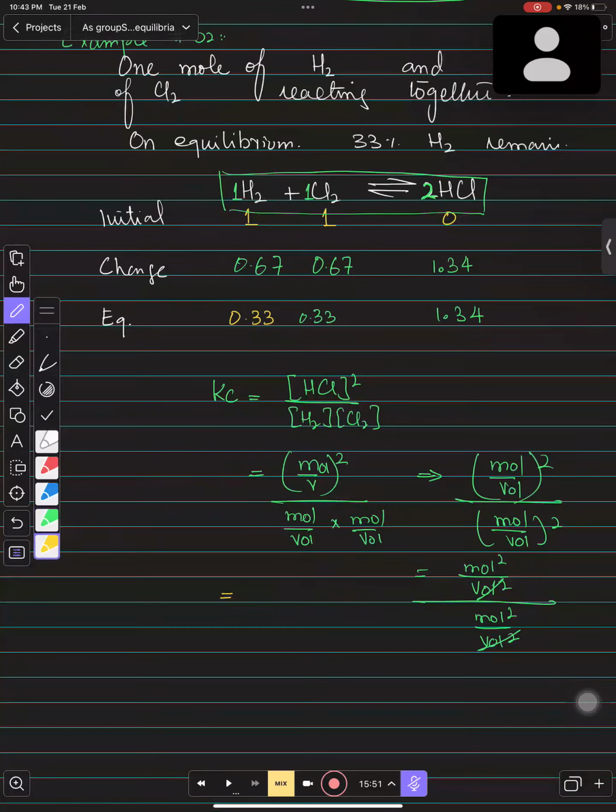So moles of hydrochloric acid is 1.34 इसका square, and the moles of hydrogen is 0.33 on equilibrium, and the moles of chlorine is also 0.33 on the equilibrium. So let's see what should be the answer of this. तो ये हो जाएगा आपके पास 1.34 का स्क्वायर, ठीक है ना, ओवर 0.33 का स्क्वायर. कितना आंसर आ रहा है? 1.65 आ रहा है.